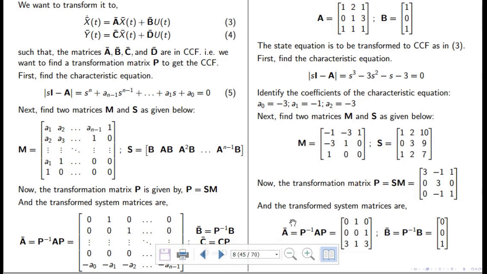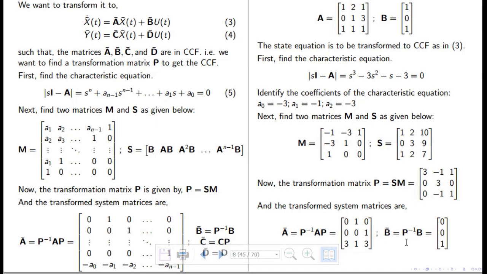Now you have to find out A bar is equal to P inverse AP. P is already found, A is given. You can find out the inverse of P. So now you can find out A bar. If you do those multiplications, you will get this.